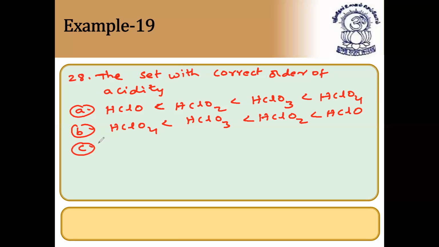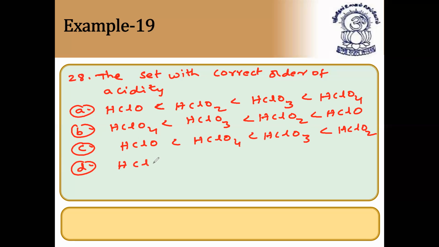Third option, HClO less than HClO4 less than HClO3 less than HClO2. And fourth option, HClO less than HClO3 less than HClO2 less than HClO4.